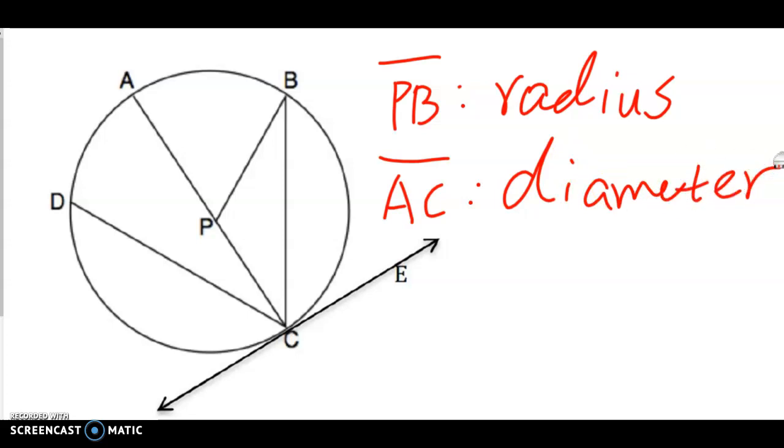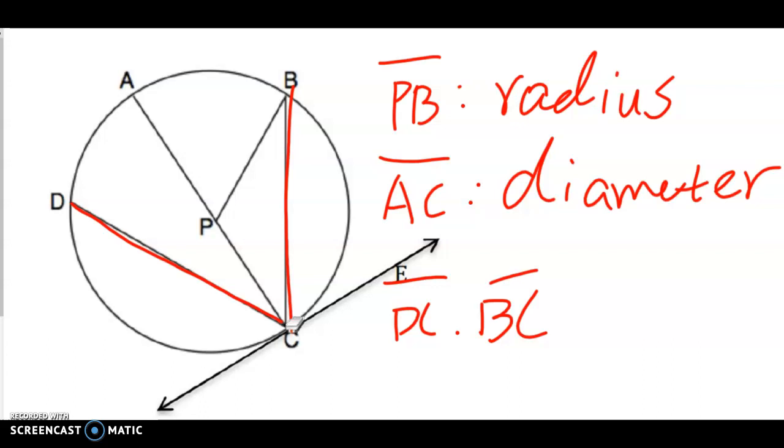Okay, and the rest of the segments or lines we just learned lately. One is segment DC and segment BC. Both endpoints are on the circle, but those are not passing through the center.